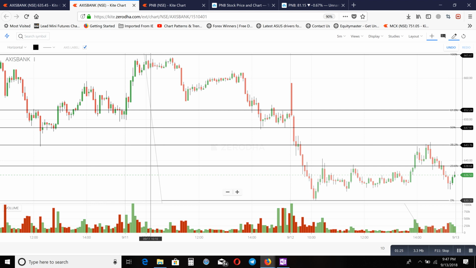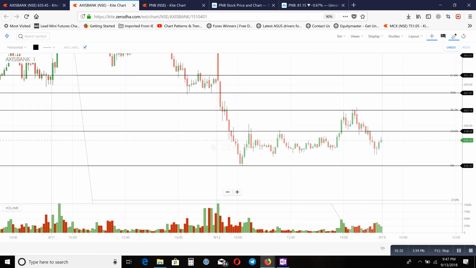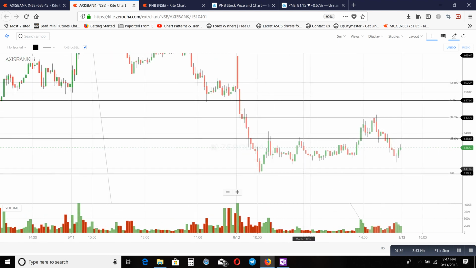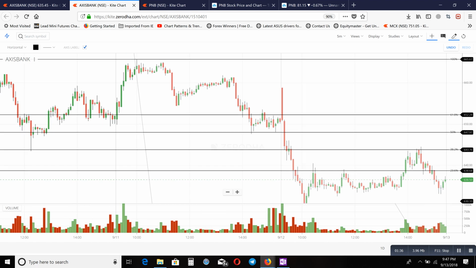Now we will go into a little explanation of what is actually happening in Fibonacci. If you notice, the prices from the significant peak to the significant trough, at the various levels, these lines act as resistance and support.